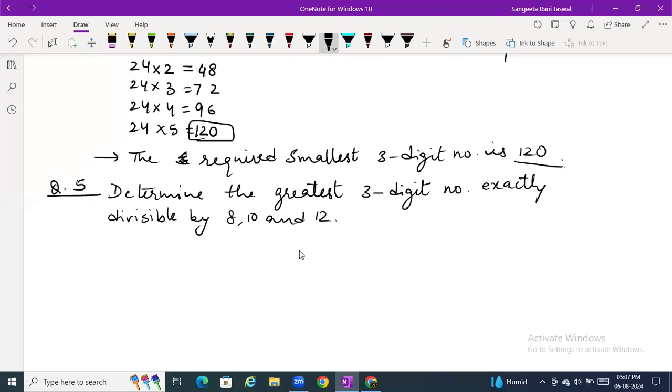Ma'am, HCF. See, read the question, the greatest three-digit number. It will definitely be greater than 8, 10, and 12, isn't it? Yes, ma'am. So it's only the LCM which is always greater than the numbers.